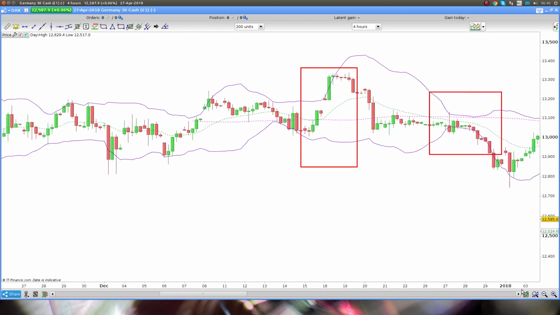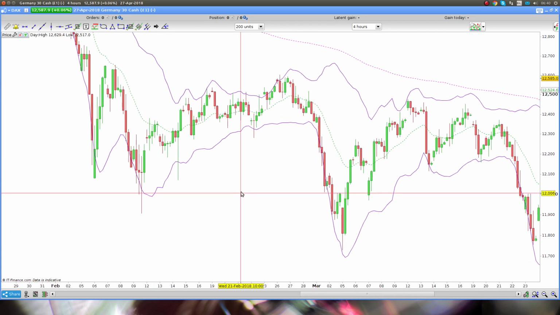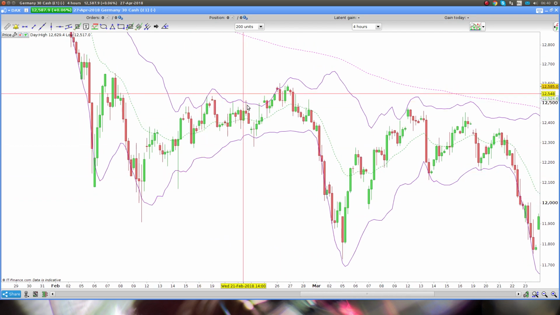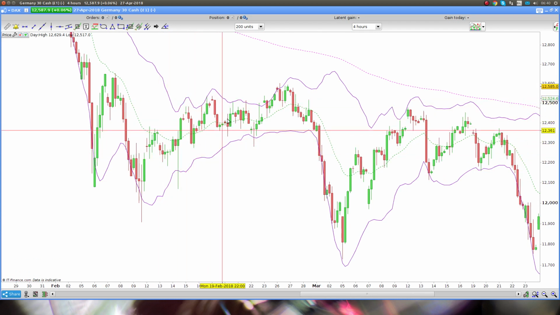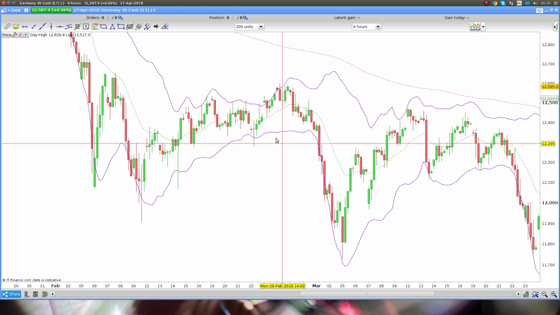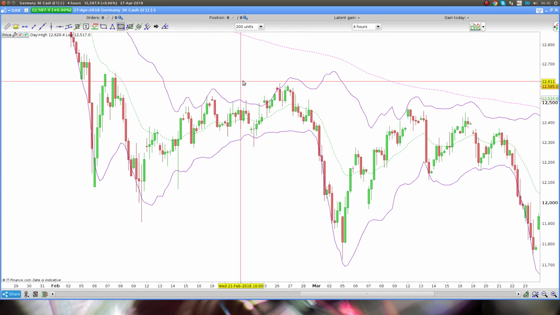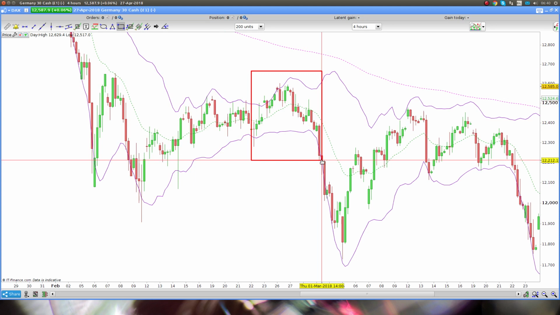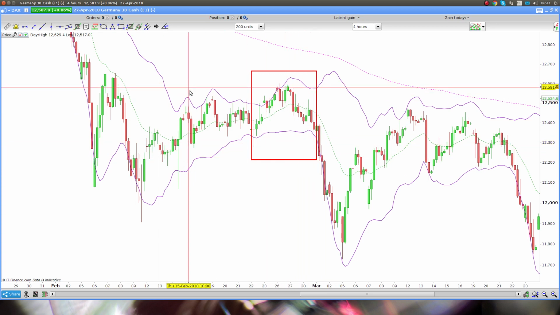Before we move on to the third thing, I just want to see if we have any more squeezes. So this is also a squeeze of sorts. You can see we're moving up, but the bands are getting narrower and narrower until eventually they start opening up. And in this scenario here, this is why you can't use the Bollinger as your sole indicator.